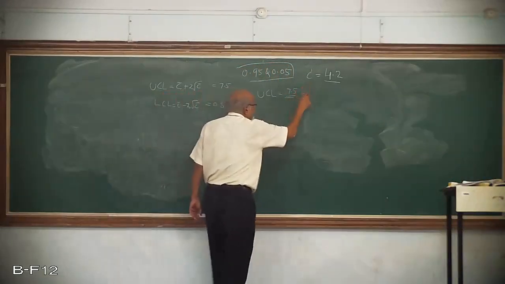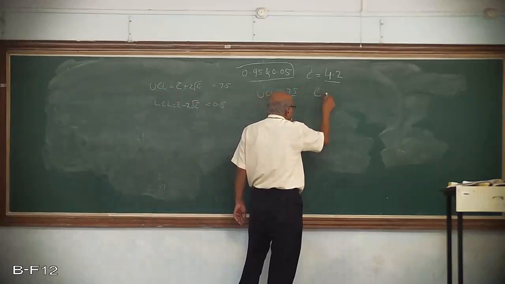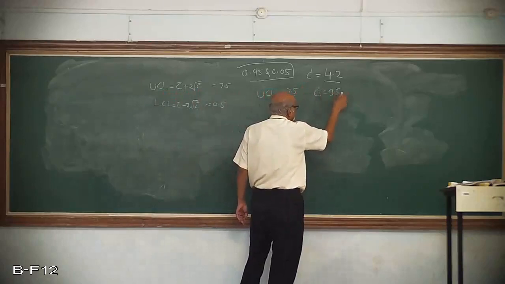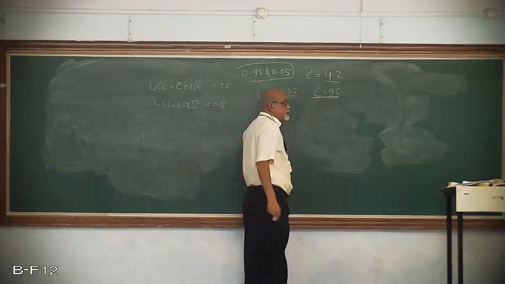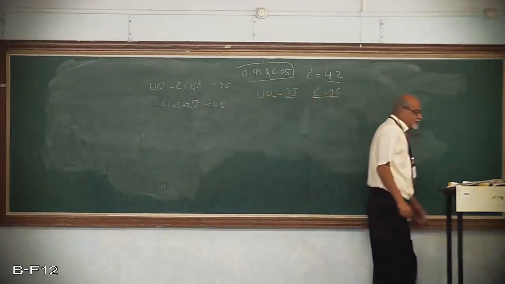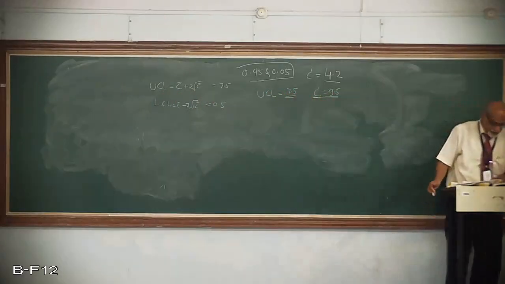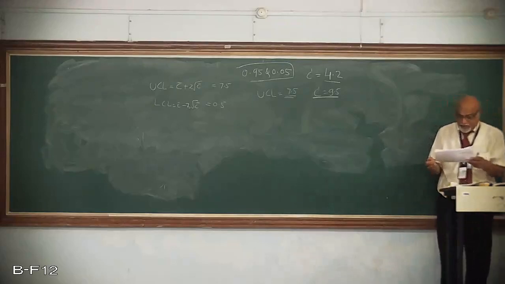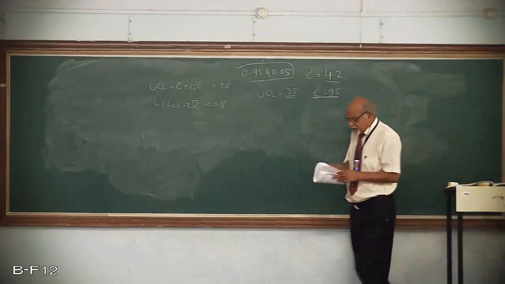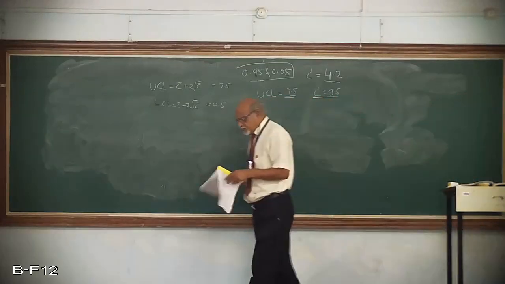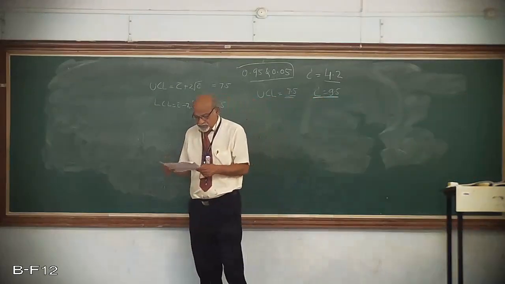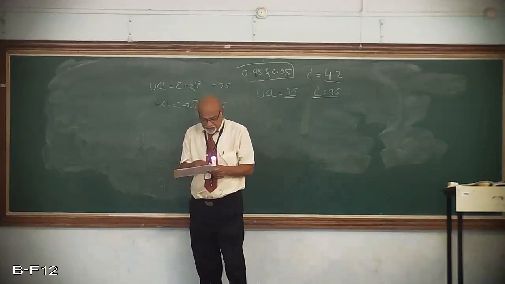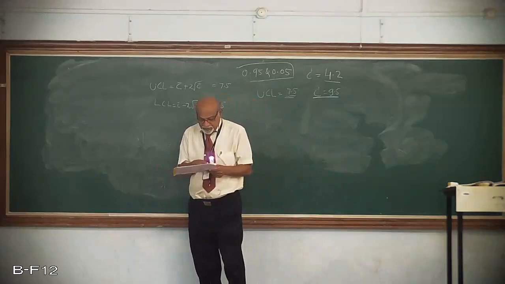Instead of 4.2, let us say C prime is equal to 9.5. For that one, we will try to find out. So again, we will go to the table where 9.5 is there. Under that one, we will go on finding till I find 0.95.